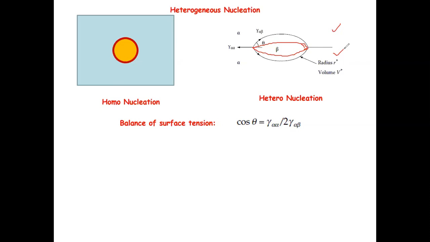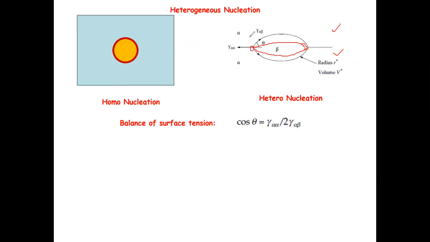If we accept that, I will not repeat all the mathematics that we showed for the heterogeneous nucleation for liquid-solid transformation, but I just want to point out that you have very similar considerations here. For example, you consider the balance of the surface tension.